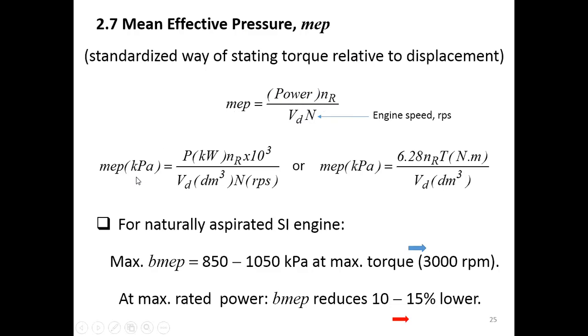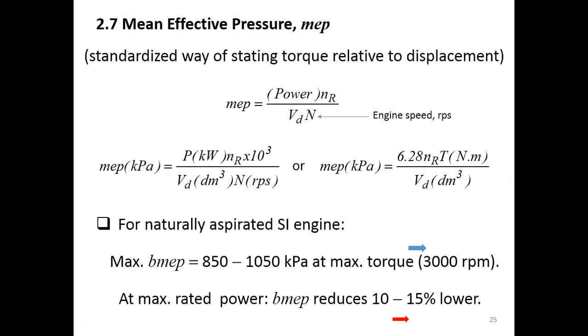And the unit of the mean effective pressure can be kilopascal. If we use the unit in terms of kilopascal, our power is in kilowatt. Our volume, normally, when we talk about the displacement volume of the engine, if you go back to the picture that I showed you in the first lecture, when we talk about the engine size, people prefer to talk about the engine size in terms of what?